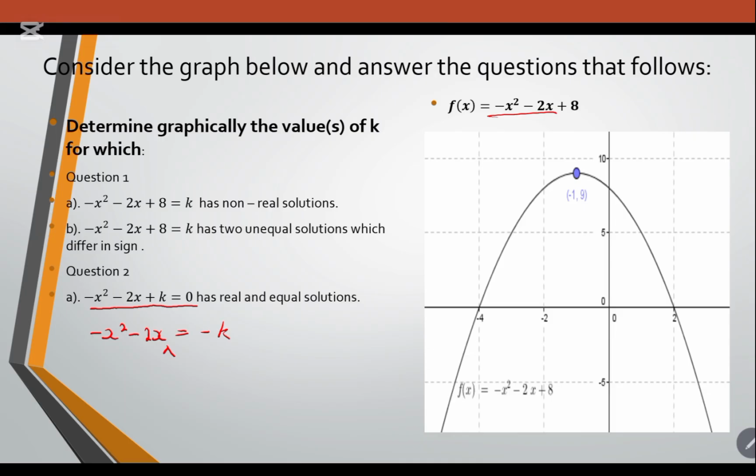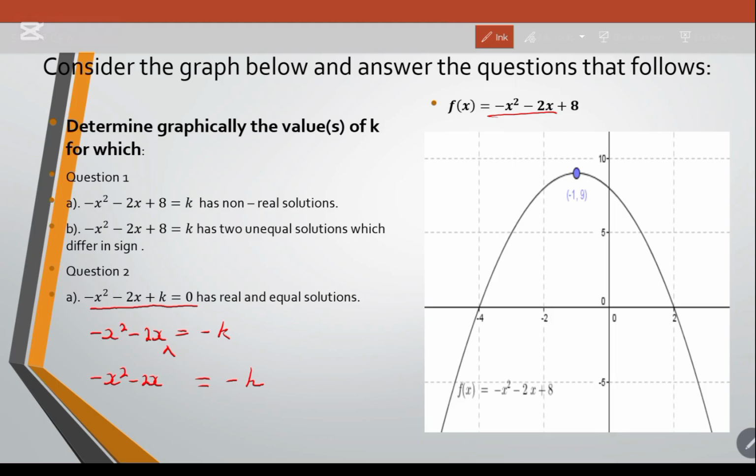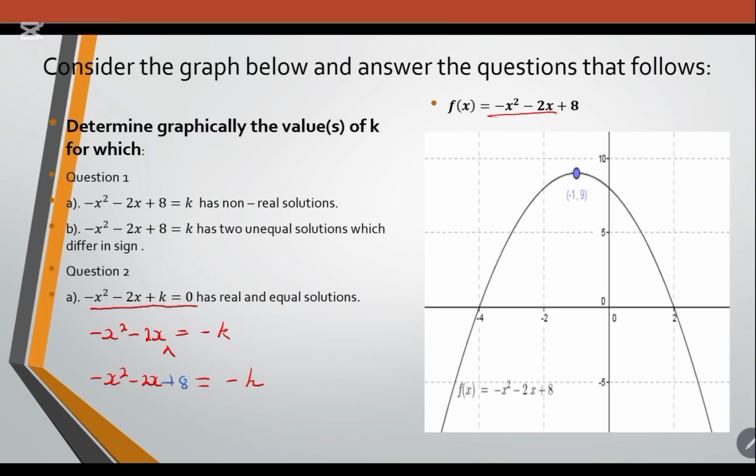So we're going to bring 8 to this equation. So this is negative x squared minus 2x is equal to negative k. The number that we are going to bring here is 8, so that this expression represents the graph that we have. But we're dealing with an equation. What you do on the left hand side, you do on the right hand side. So we add 8 on both sides.